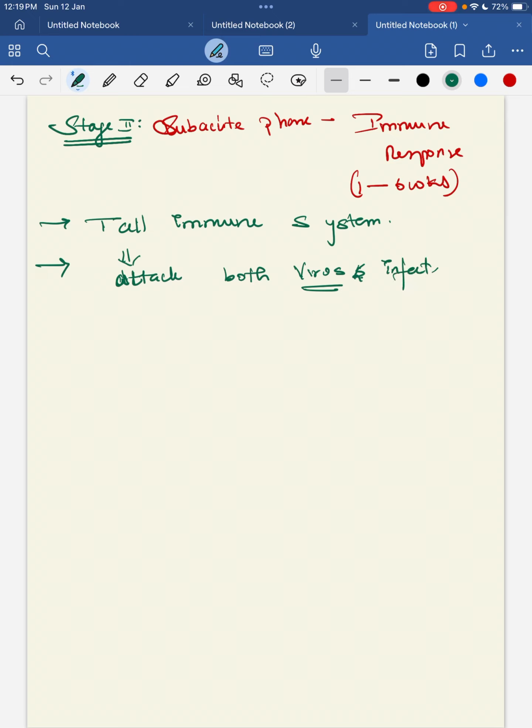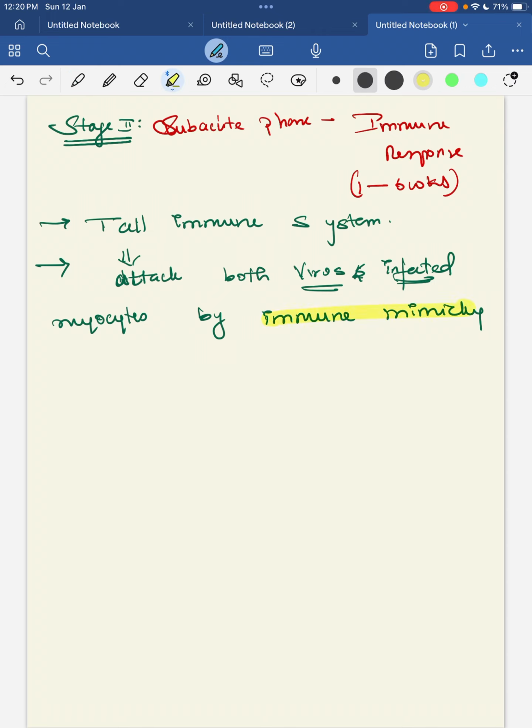Okay, this is the mechanism of how the T cell is attacking your body. It will attack both the virus and your infected myocytes. Once it attacks the virus and the infected myocyte, there can be two kinds of reaction. One can be virus elimination and a decline in immune response, that is your inflammation will go down.